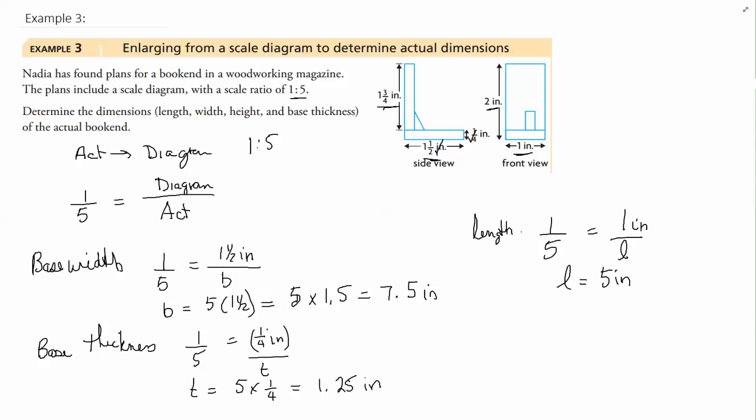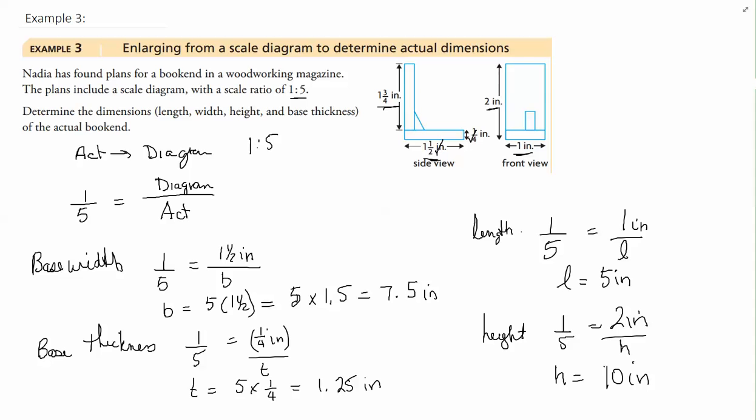And then we have the height of the back. Or maybe let's just do the overall height, which is 2 inches. And so when we calculate this by cross multiplying, we have a height of 5 times 2, so it's 10 inches tall.